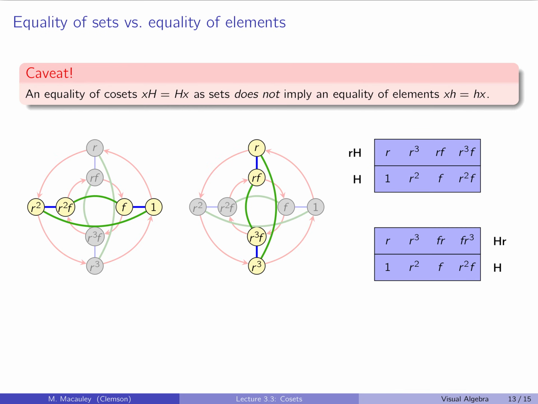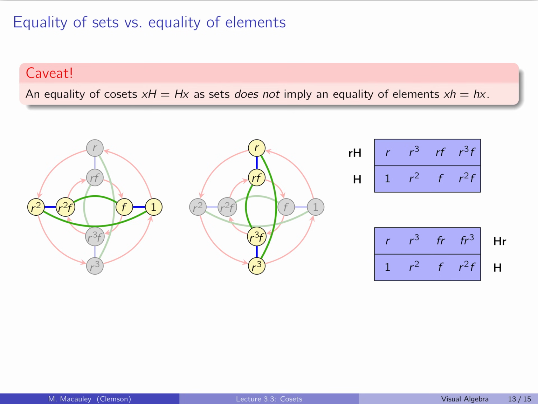I said in the previous slide, be careful, because an equality of cosets, xH equals Hx, as sets does not imply an equality of elements, xh equals hx, for all elements in H. We saw an example of this in the beginning with the subgroup N of D_4, but here's another one. This is one of the Klein 4 subgroups. And here it is: 1, R, F, R squared F, and then the other left coset is the other 4 elements.